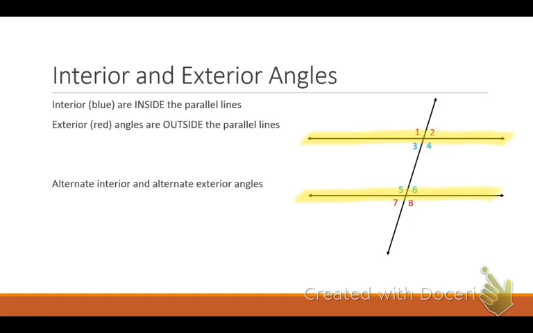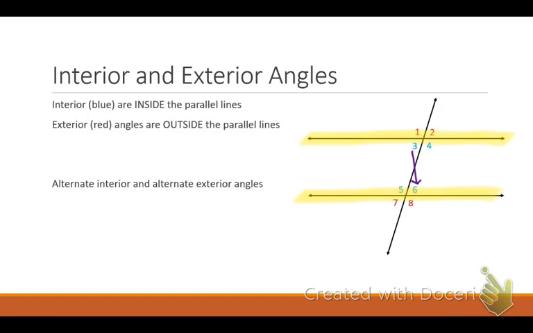Well, the word alternate means to switch. So what is switching? The angles are switching to the other side of the transversal. So do you see how 3 is on the left side of the transversal? The alternate interior angle is on the other side, 6.